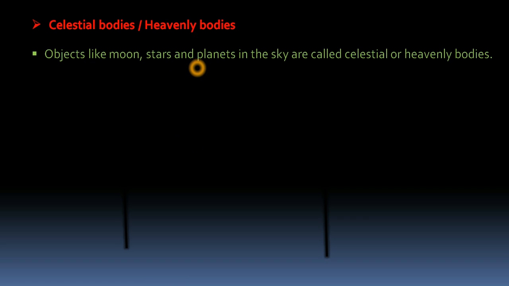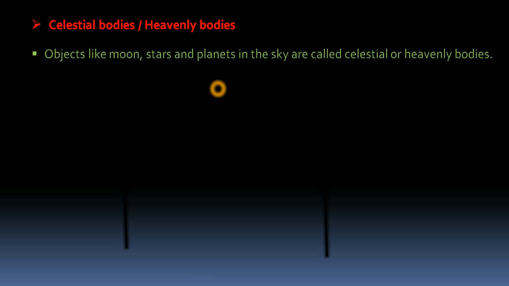So the stars, including sun, planets, satellites, asteroids, comets, meteoroids, these are all celestial objects which we are going to learn here. Celestial objects are also known as heavenly bodies or heavenly objects. So in this chapter, we'll learn about various celestial objects which exist in the vast surrounding space, that is the universe.